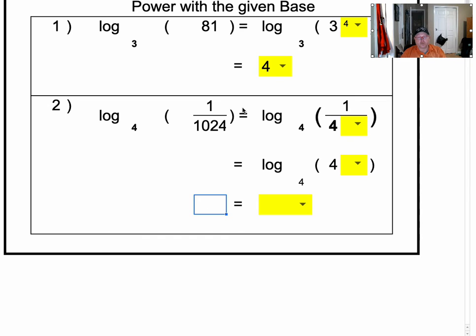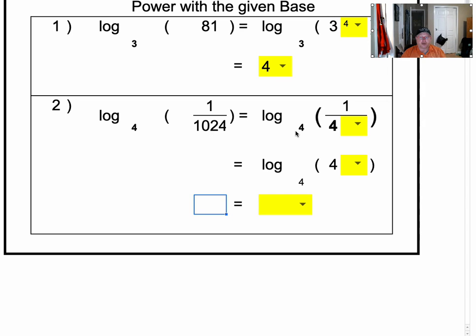So then we look at the second one. In the second one, what we're doing is the log of 1 over 1024 to the base 4. What we should notice here is we're dividing. We're going to get repeated division. There's no way to take a base of 4 and get to 1 divided by 1024 without doing repeated division. So I know it's going to be negative eventually.